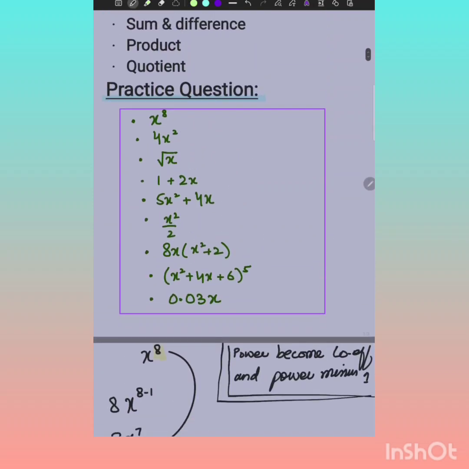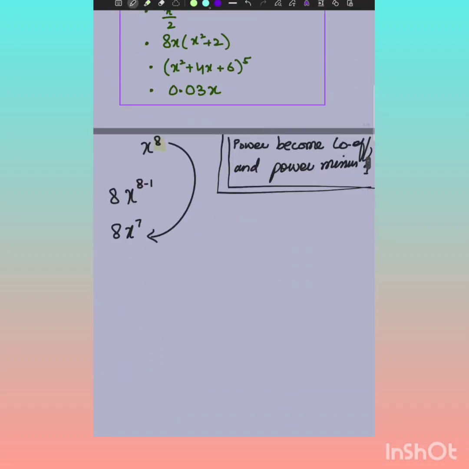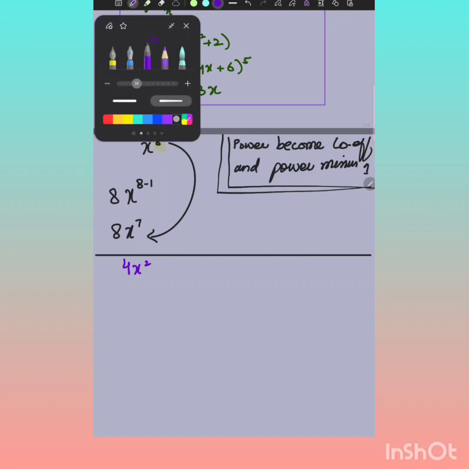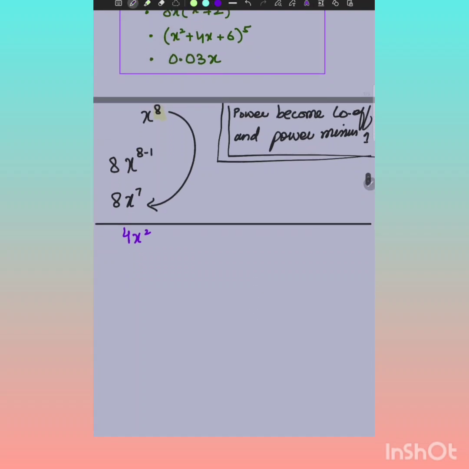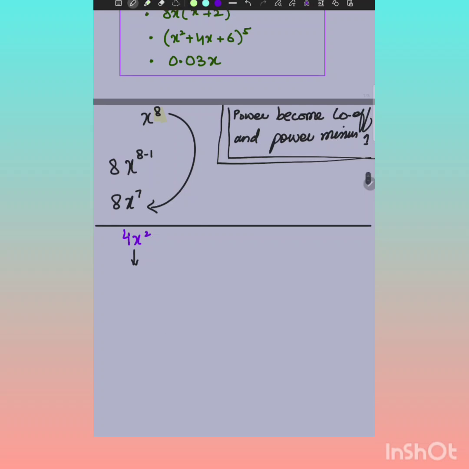Now the second is 4x square. Let's try to differentiate 4x square. As you know, in this term the 4 is already here as a coefficient.